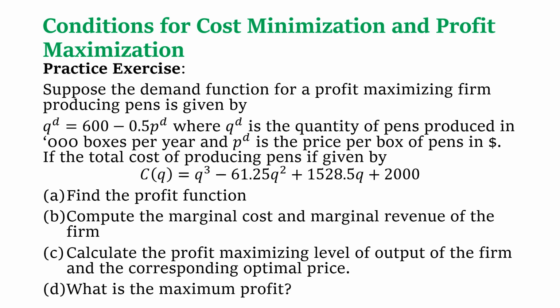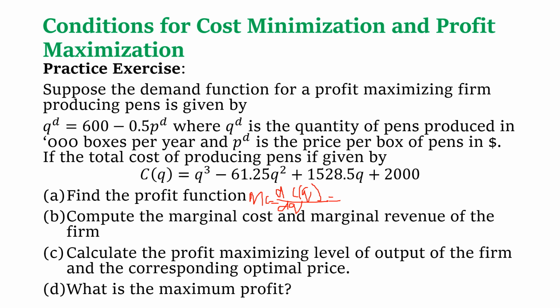All you need to do is to say dC/dQ, right? That's it. That is it. And that is your MC. That is your marginal cost. The marginal cost is the addition to total cost by adding one more unit of output, or by producing one extra output.